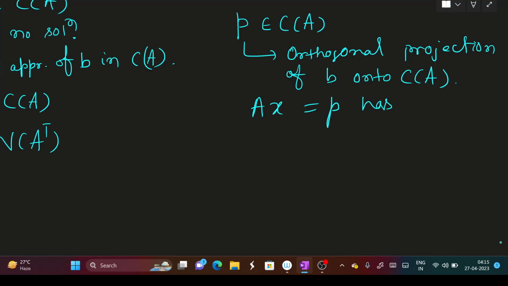But it has solution. Can it be the original solution? No, it is not the original X. It is a best fit solution.